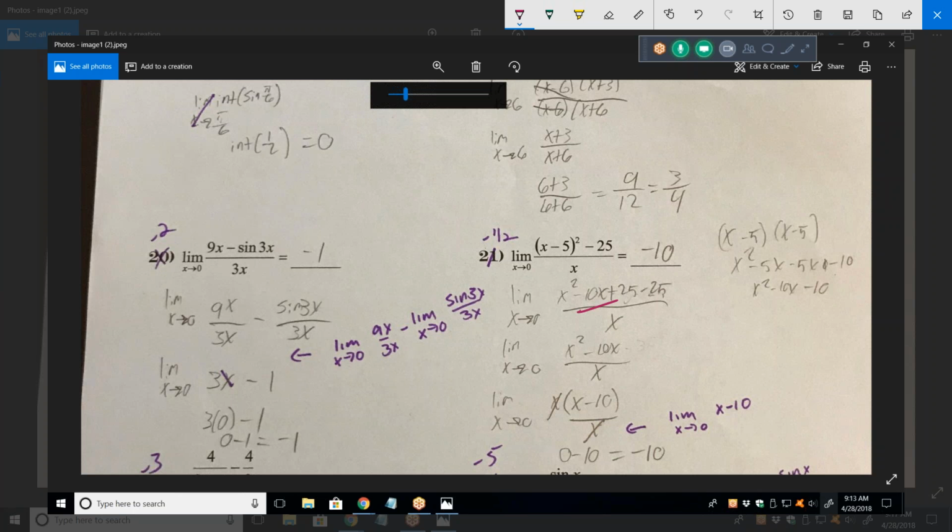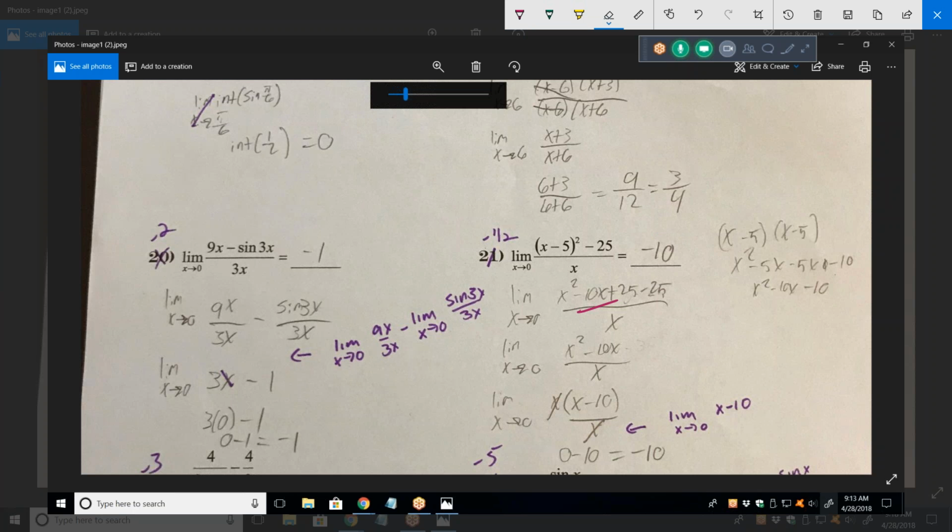I kind of like doing it this way better. Actually, that's your way also, and that's not quite right. Oh, yes, it is. Excuse me. What am I thinking? I was thinking, oh, it is difference of perfect squares. Yeah.